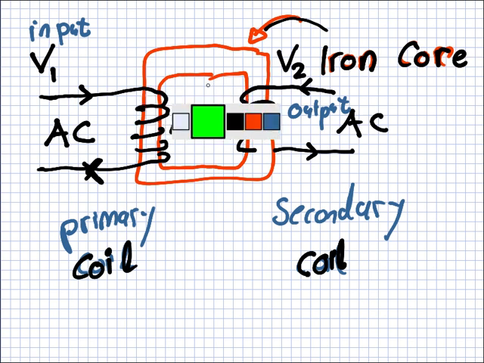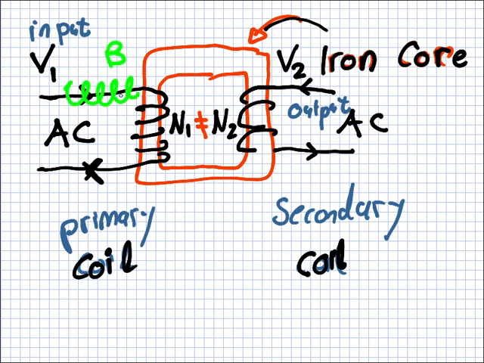So what's the idea behind this? Do you remember you have your right-hand grip rule? Right-hand grip rule. So when you have a current, you have a magnetic field. You get a magnetic field around here. This is a B. It's going around this way, right?